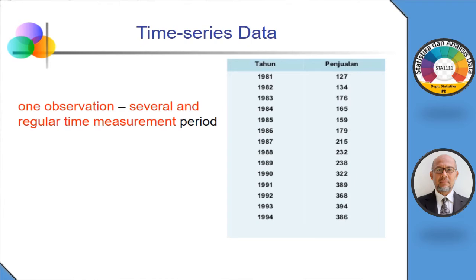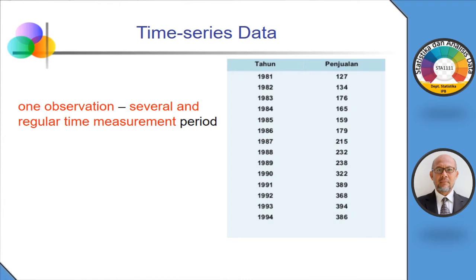This one we call time series data. Remember, time series data is one observation measured over several regular time periods. For example, in the row you have the year here, 1981, 82 until 94. This is just for one observation.